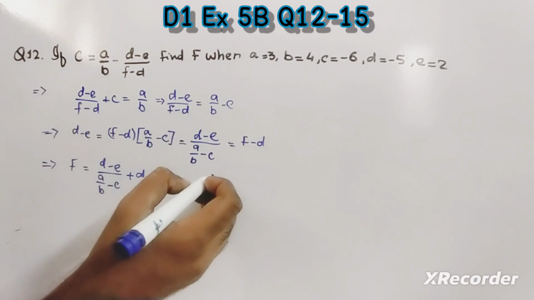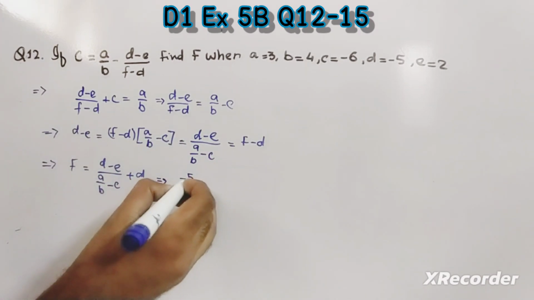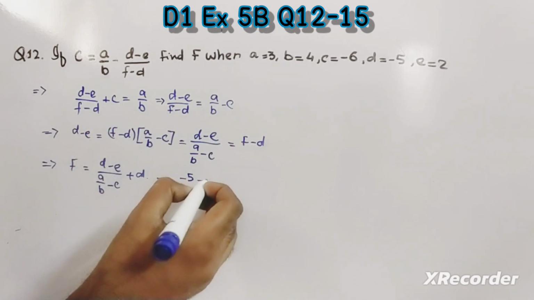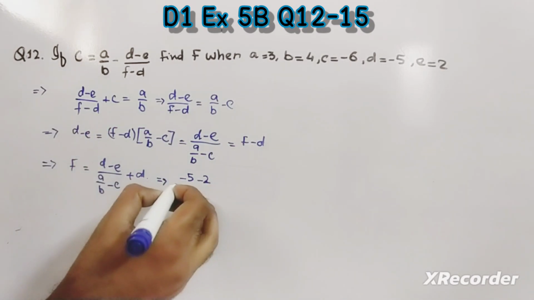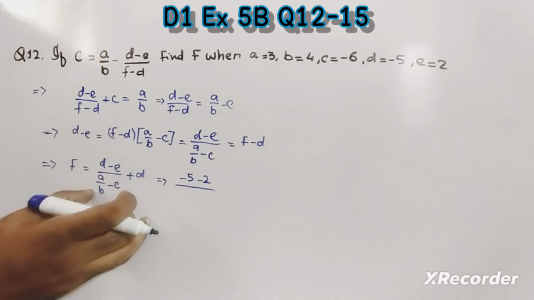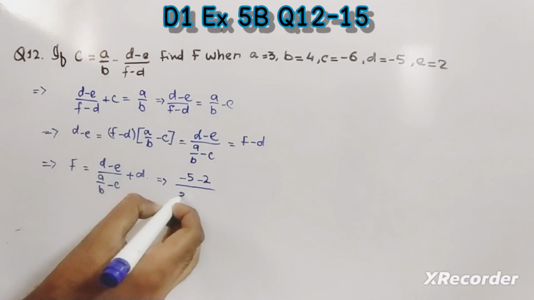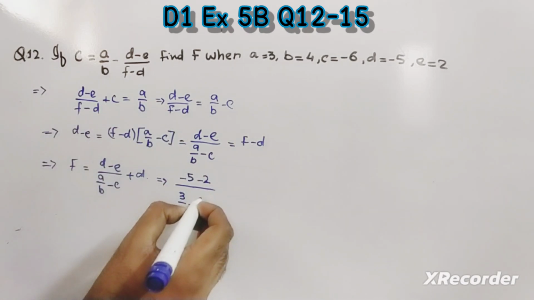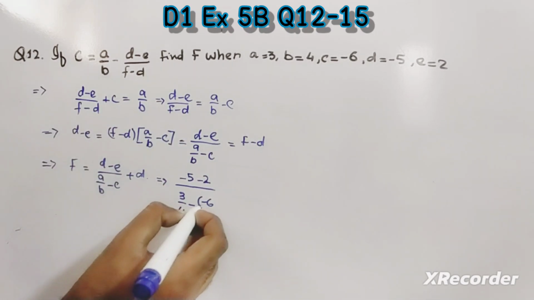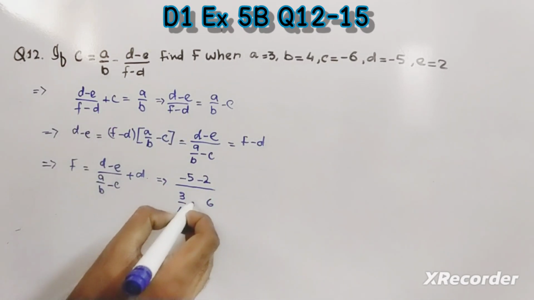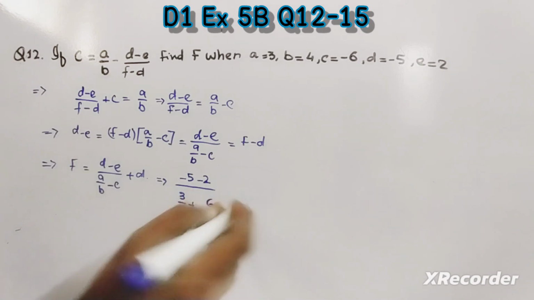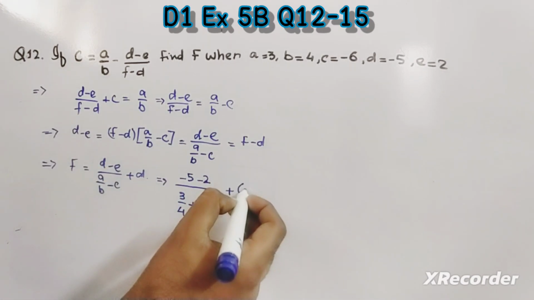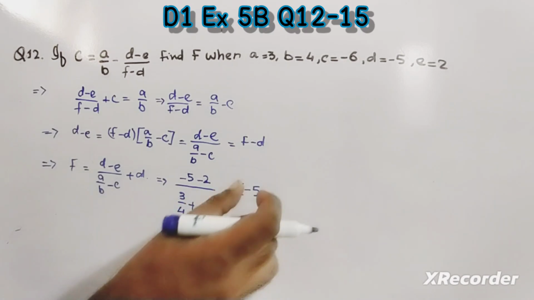F is equal to D is minus 5 minus E is 2, so upon A upon B, 3 upon 4, minus C, minus 6. This minus becomes plus 6. Now plus D, plus minus 5.